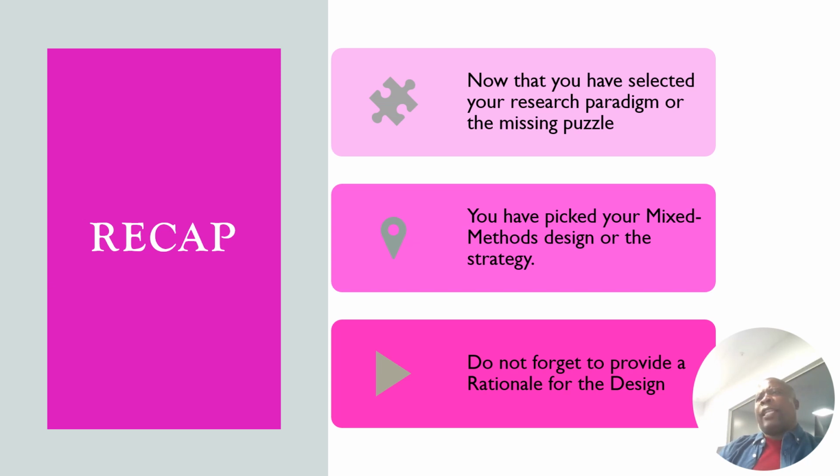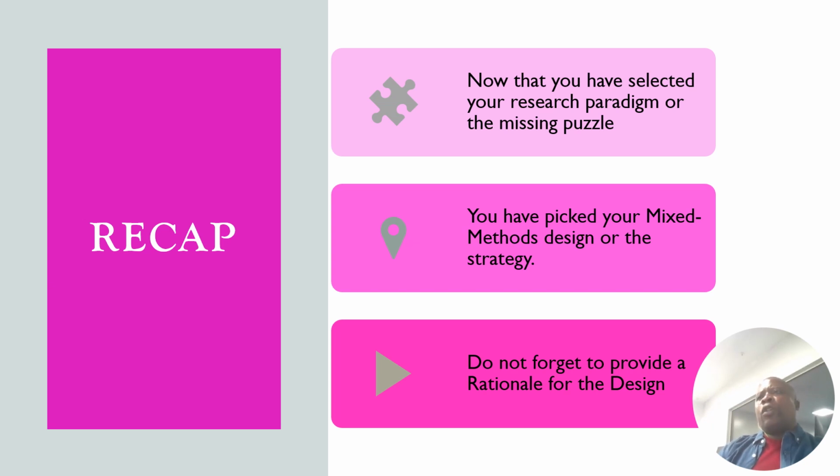It acts to remind you that there is something that you need to include or discuss. The research paradigm is one of them, as well as the mixed method designs, which are also part of the things that you should include.